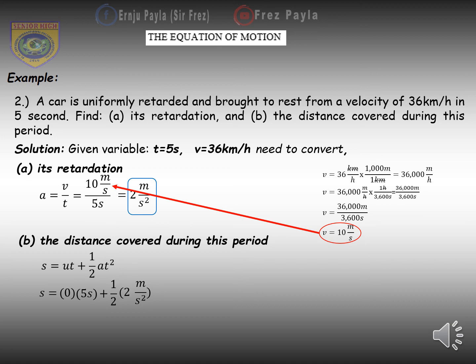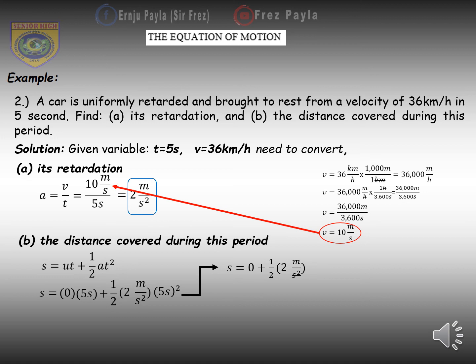Now we substitute the acceleration result from letter A, 2 meter per second squared. Next, our time is 5 seconds, squared. Let's solve the 5 squared first.